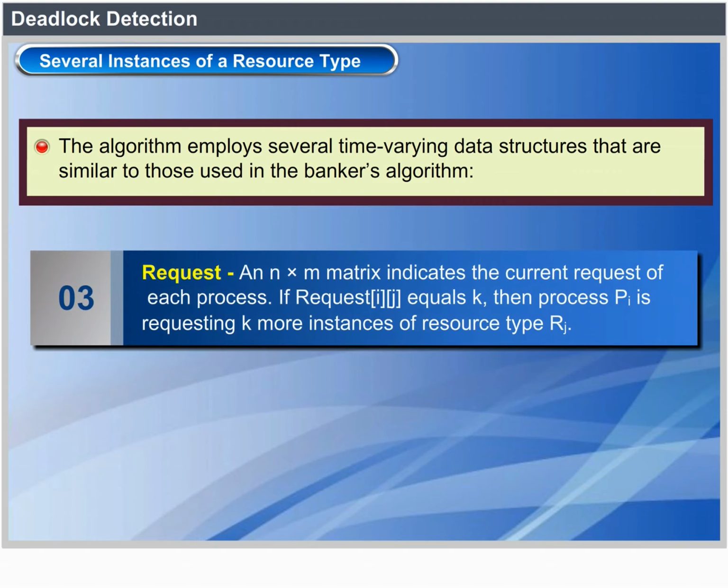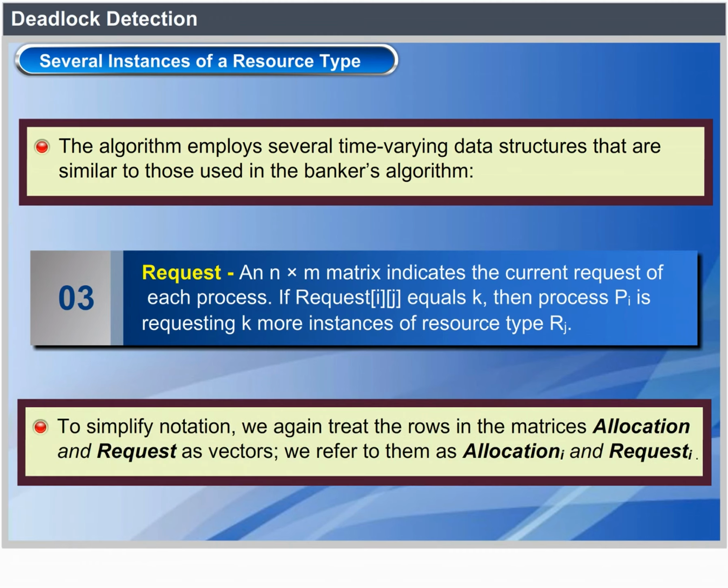If Request[i][j] equals k, then process Pi is requesting k more instances of resource type Rj. To simplify notation, we again treat the rows in the matrices Allocation and Request as vectors. We refer to them as Allocation_i and Request_i.